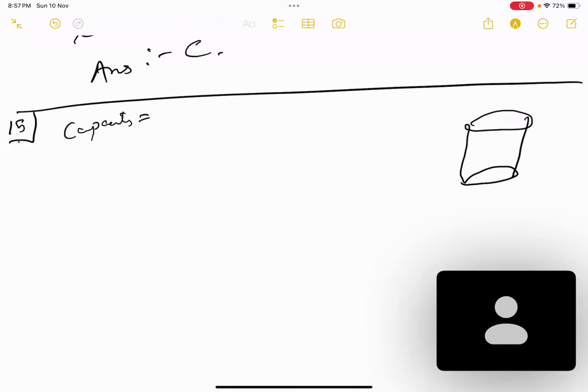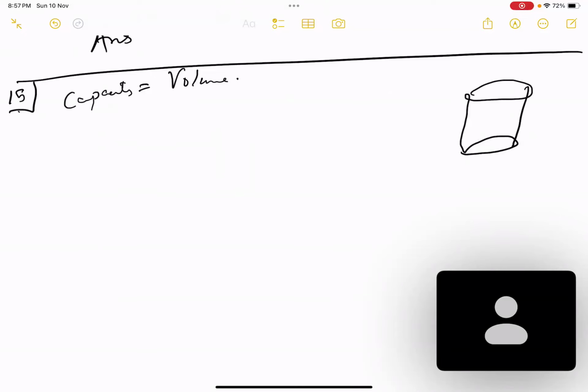In order to find the capacity, which is nothing but volume, let's see. Suppose this cylinder has a radius of r and a height of h. Therefore, this volume will be the base area into height, which is pi r squared into h.